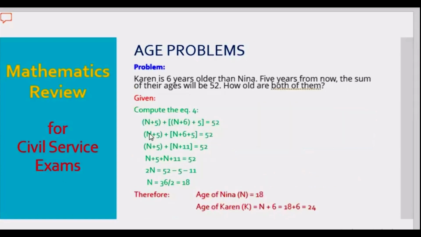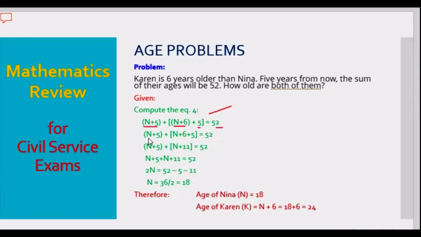So we will compute equation number 4 from the given problem. I have presented this for you to really understand the groupings of the ages. So N plus 5 is the age of Nina, and the age of Karen is Nina's age plus 6, and 5 years from now, so we'll add 5. Okay, so equals 52.